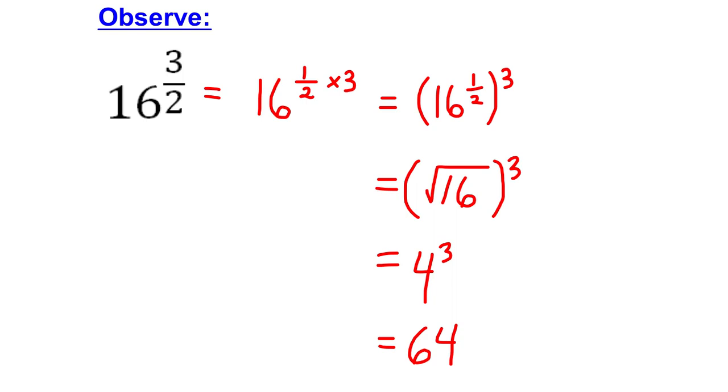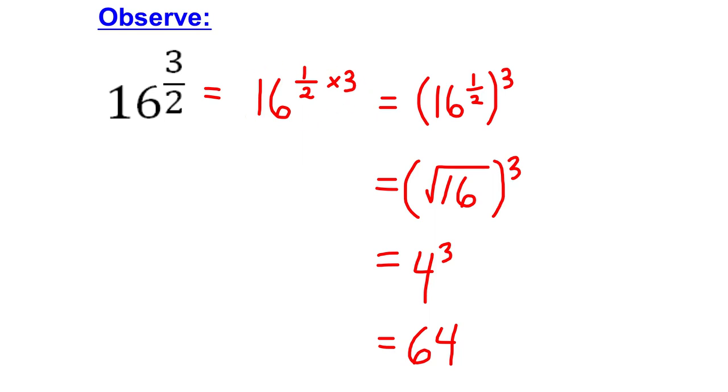Now, I want to switch gears here. Here we have a power with a rational exponent, but this time the numerator is not 1. So I want to show you how you can think of this. 3 over 2 is the same as 1 over 2 times 3.